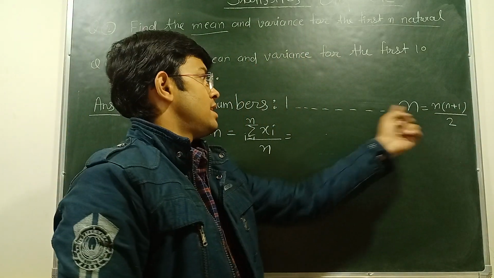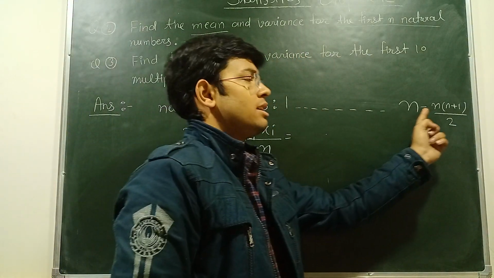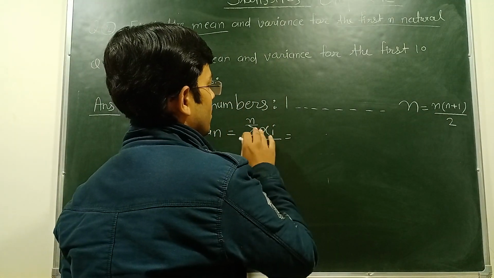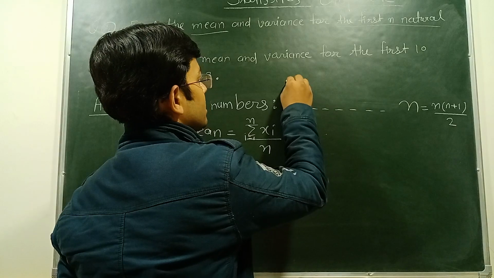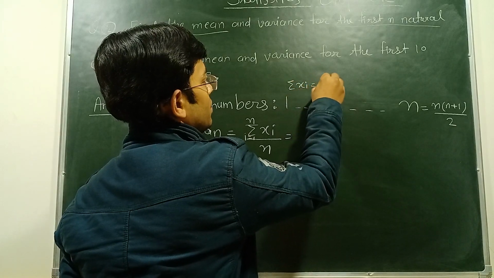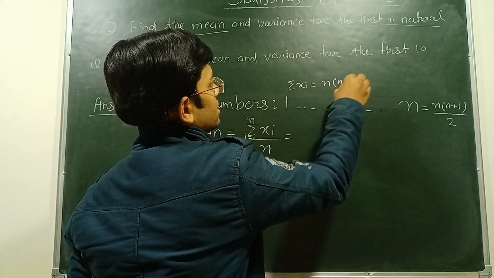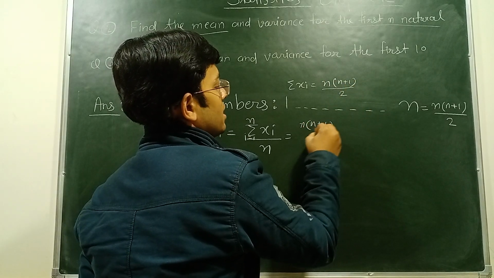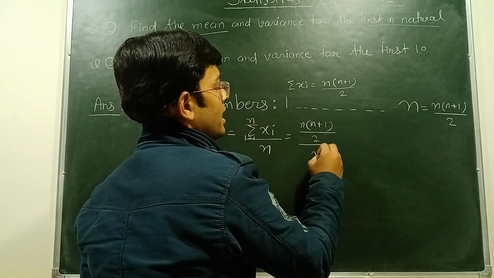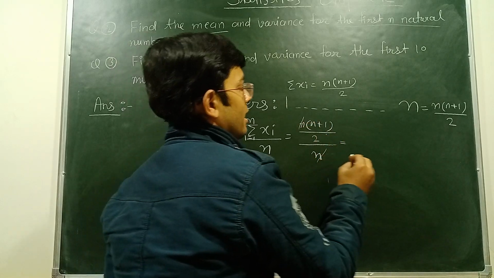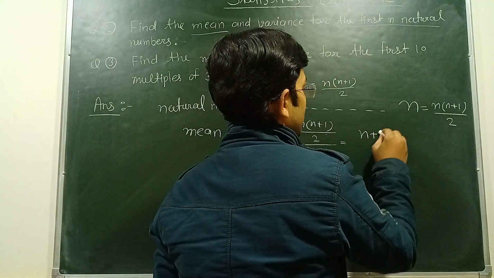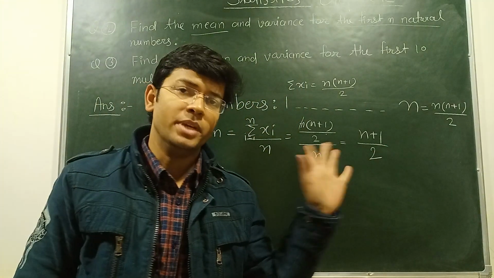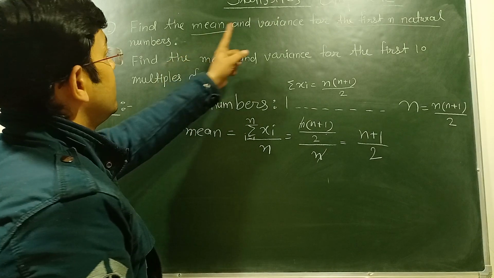So sigma xi is equal to n into n plus 1 upon 2. So we can write n plus 1 upon 2 divided by n. So n and n cancel, and n plus 1 divided by 2 is the value of the mean. Now we have to find the variance.